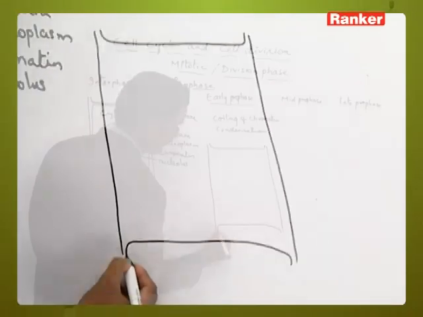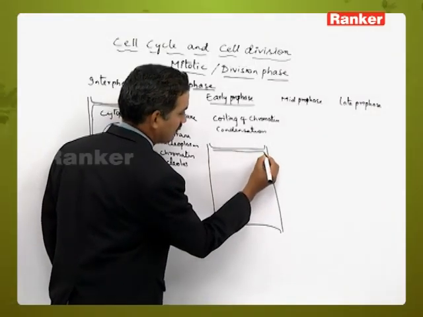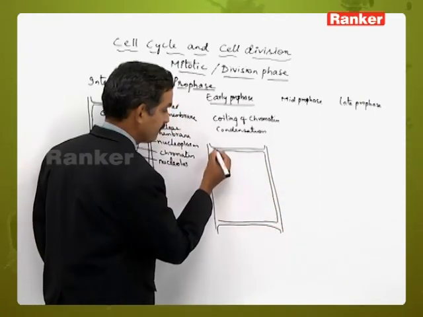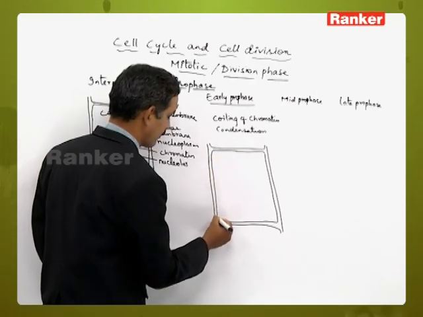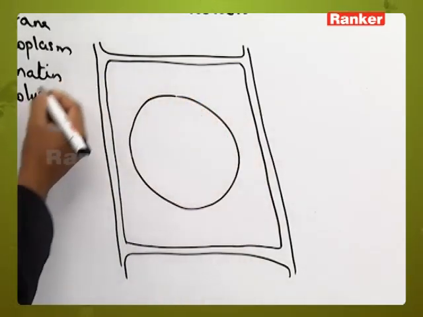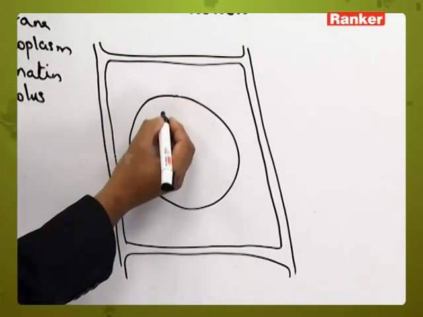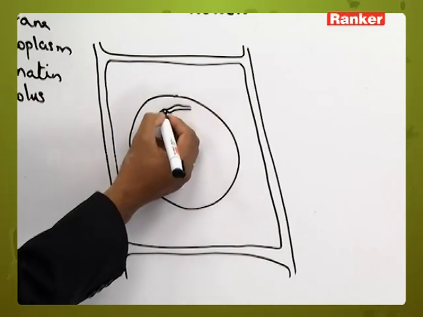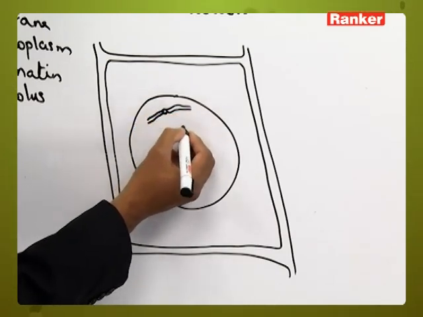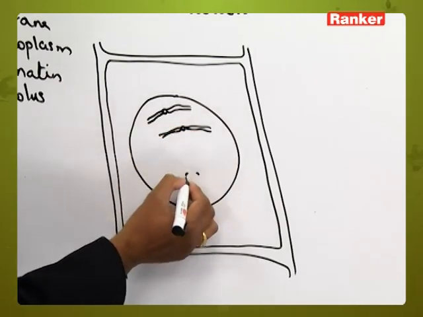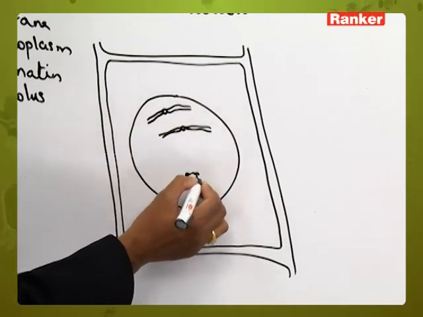So this is a cell with a cell wall and the plasma membrane inside it. This is the nuclear membrane. Inside this we can slightly observe that small structures will be formed like this, and here and there we can see the nucleolus also.